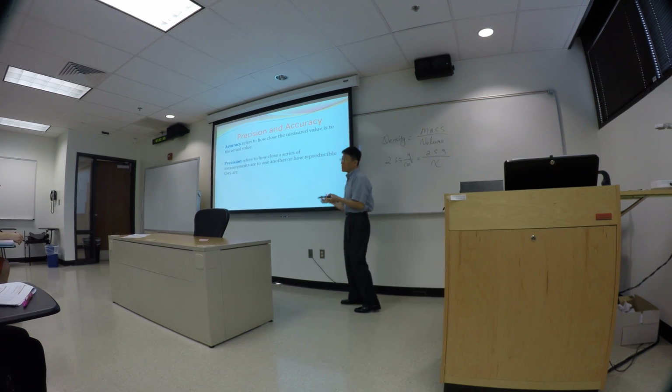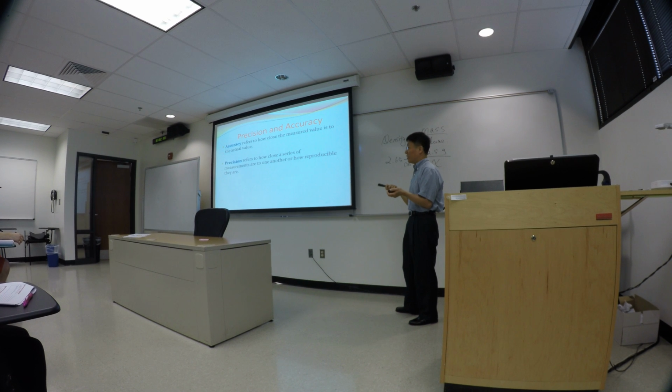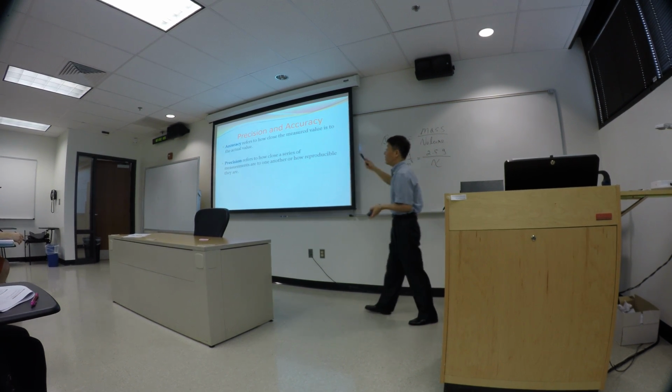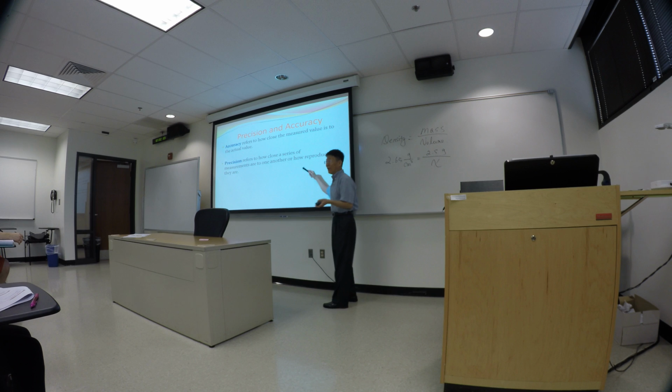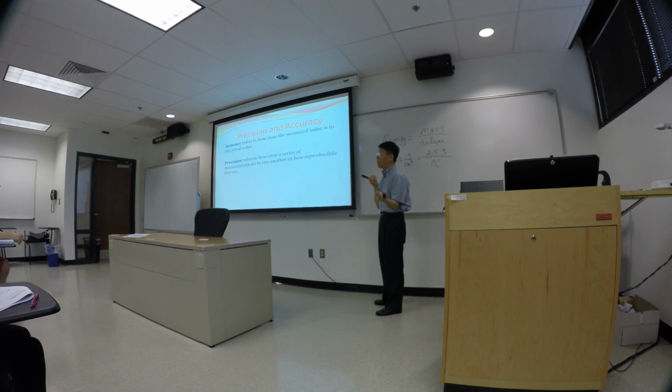So you can have a fairly precise measurement, but not necessarily accurate. Pay attention to these terms, because in the laboratory, you will be asked to determine whether a particular measurement is accurate or precise, or sometimes both. What we want in a laboratory, for any measurement, is for it to be precise and accurate.